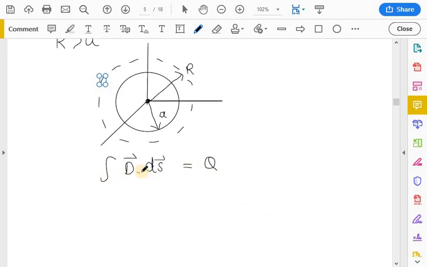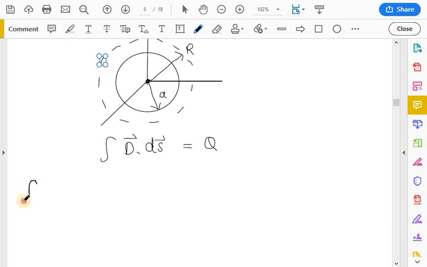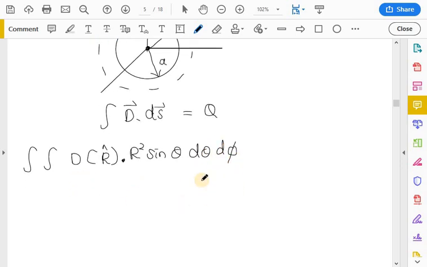We go to the left hand side first. As usual, the flux is in the R direction, and the surface that I choose will be a spherical surface, sine theta d theta d phi. This is my left hand side.